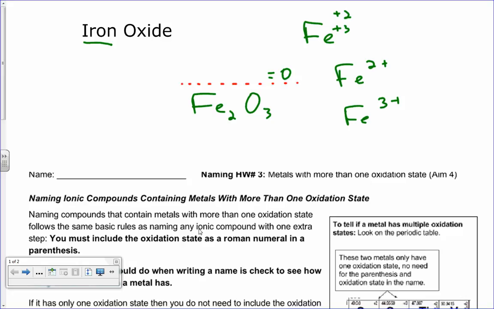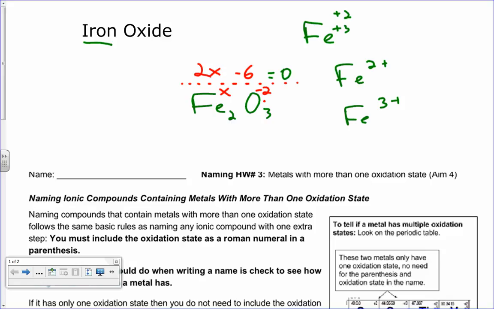We know a couple things already. We know that oxygen has a -2 charge. You look on the periodic table, oxygen always has a -2 charge. And we know we have 3 of them, so 3 times -2 equals -6. Here, we want to find out what the charge on iron is. We want to find out what X is here. And there are 2 of X, so it's going to be 2X minus 6 equals 0.